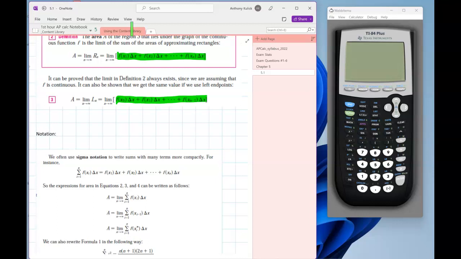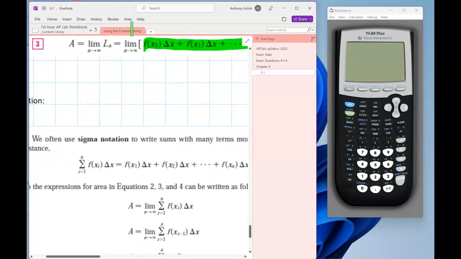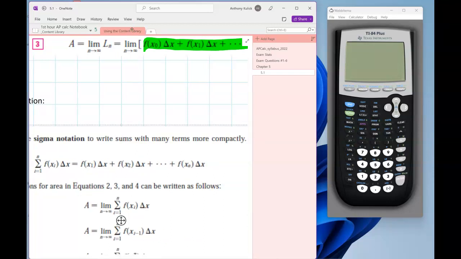Are you required to use that? No. But if Mr. Kulik writes something in sigma notation, should you be able to interpret what he's written? Yes. So just to remind yourself, if I have the sum of i equals 1 to n of f of xi times delta x, that is the same thing as what we've written there for Rn.